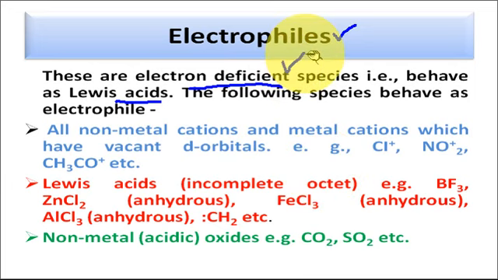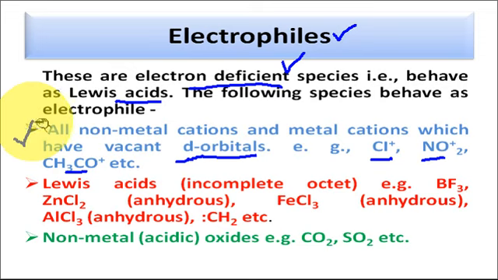For example, all the non-metal cations and the metal cations which have vacant d orbitals. For example, Cl+, NO2+, CH3O+. These atoms or groups of atoms behave as electron deficient species, hence these are all electrophiles.